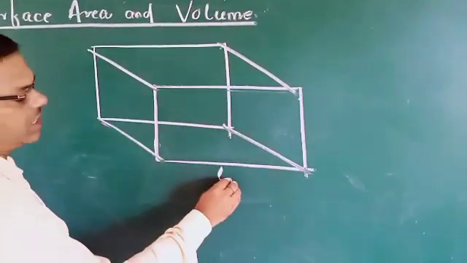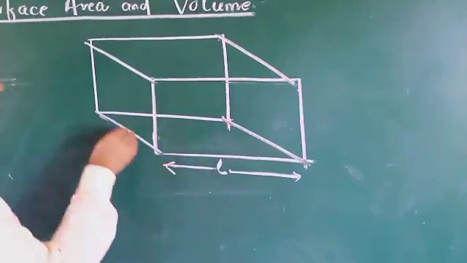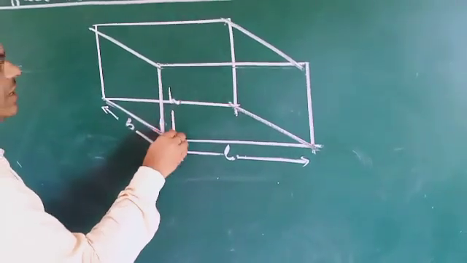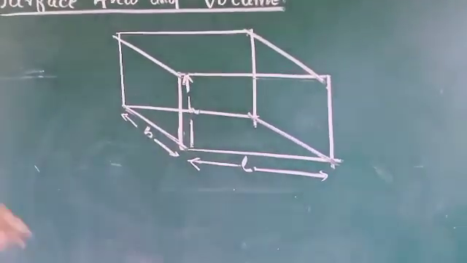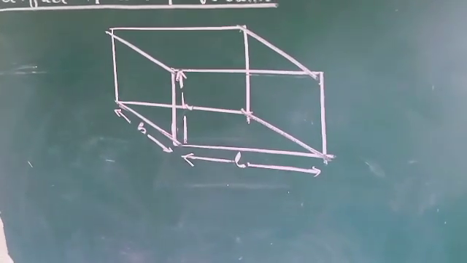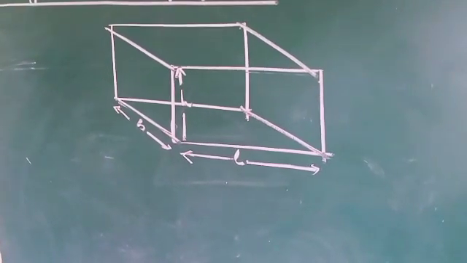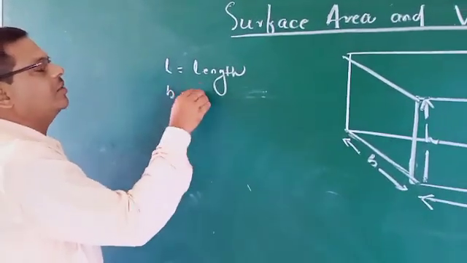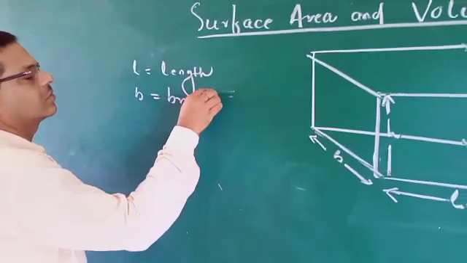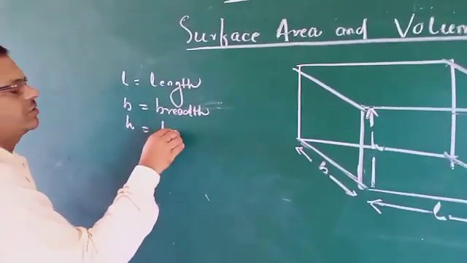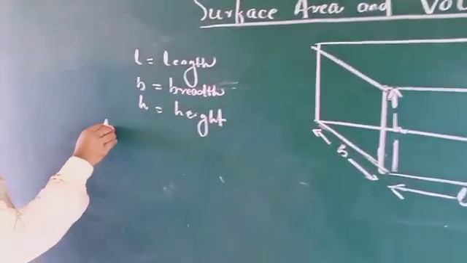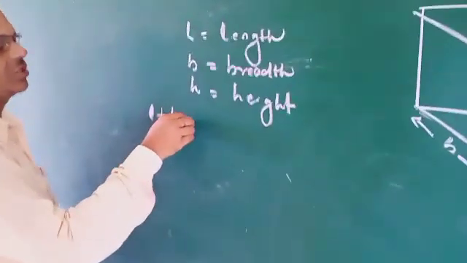This is the length, L. This is the breadth, denoted by B. And this is the height, denoted by H. A cuboid is a three-dimensional solid figure which has length L, breadth B, and height H. So in a cuboid, L is not equal to B, not equal to H.